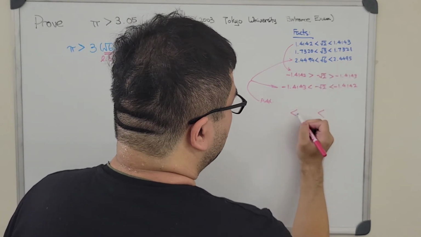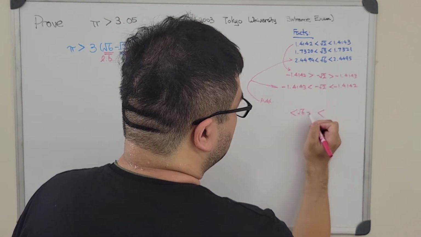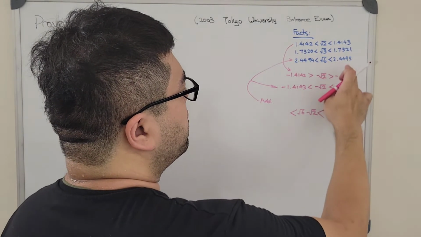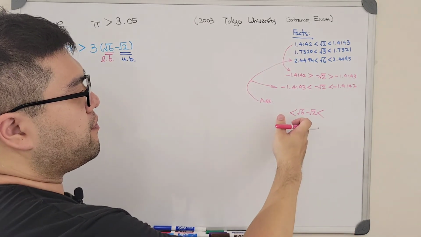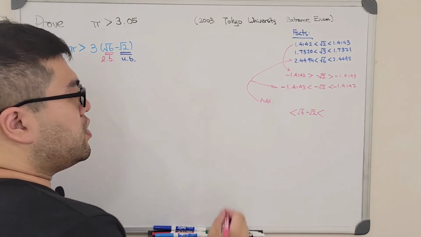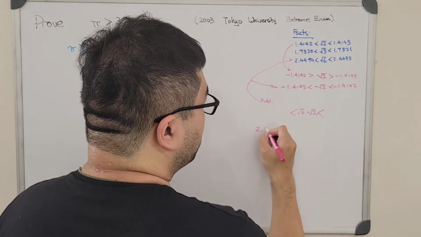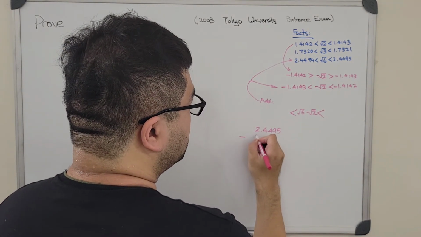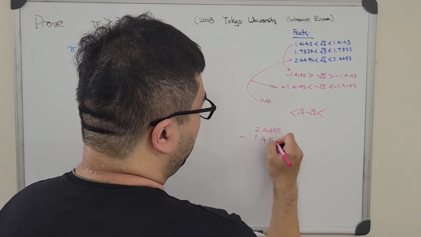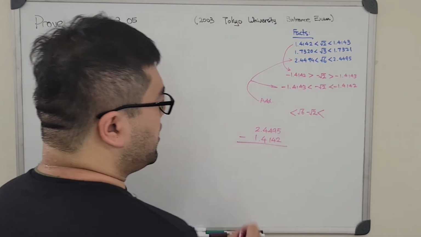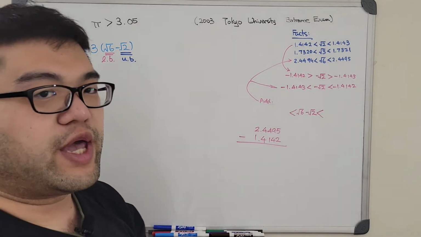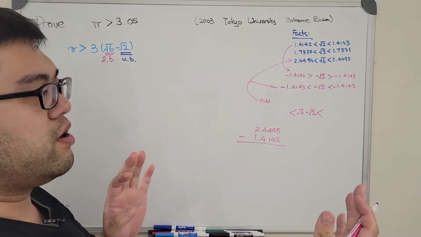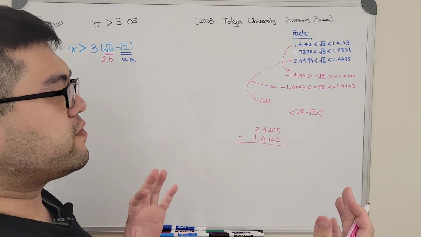So in the middle we end up with radical 6 minus radical 2. Good. Now for the right hand side, which gives us the maximum upper bound, we have 2.4495 minus 1.4142. And when we do this, we are actually making our error a little bit bigger, but not too far off, okay?